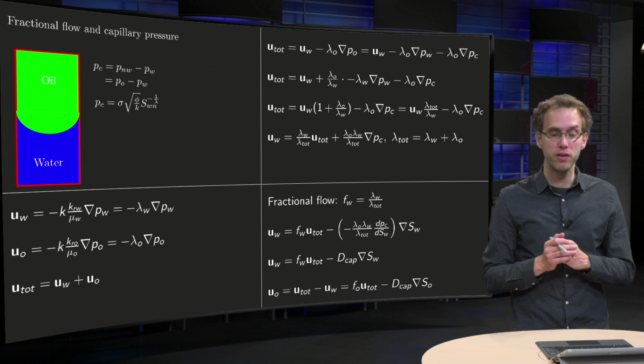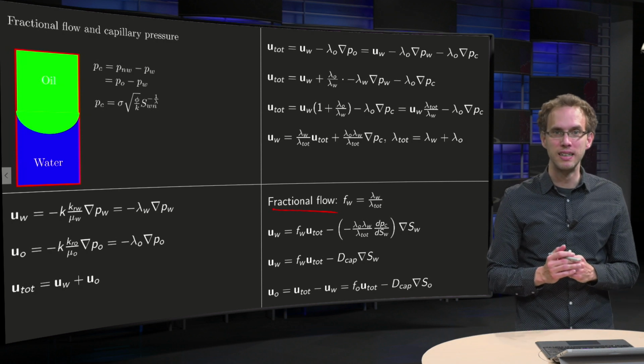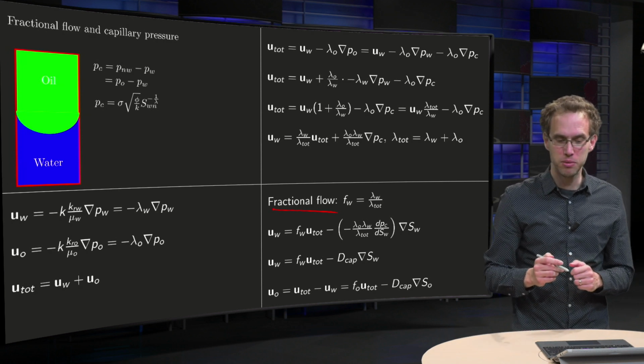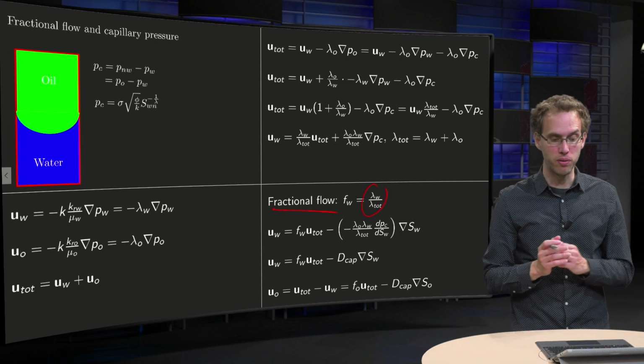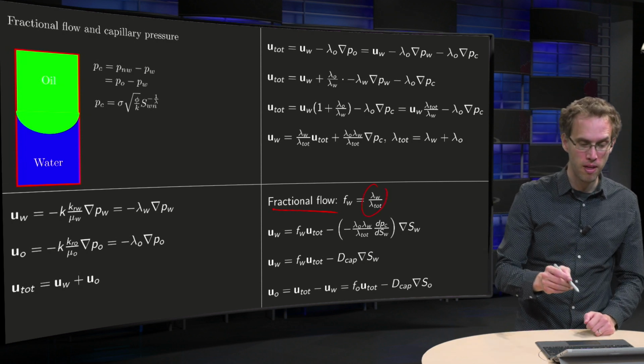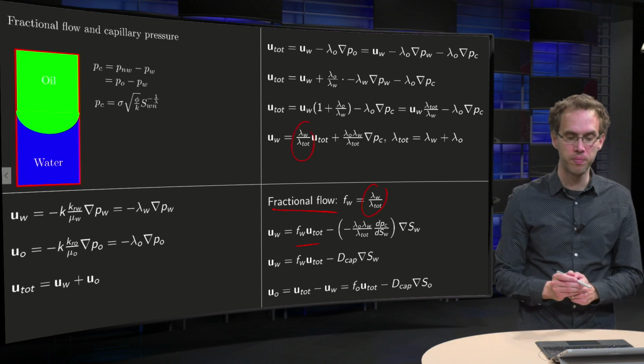Now, we often use the concept of what's called fractional flow. I don't like that name too much, but okay, it's defined as lambda W over lambda total. So what happens if you use your FW? You get UW, this becomes an FW, so there we are.